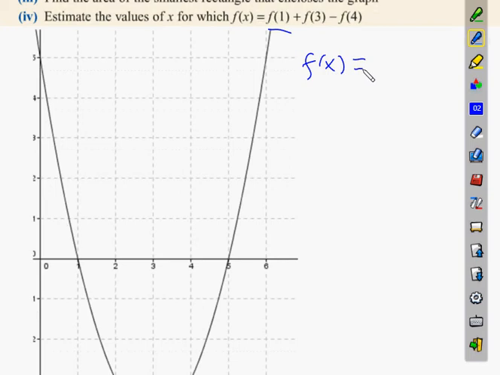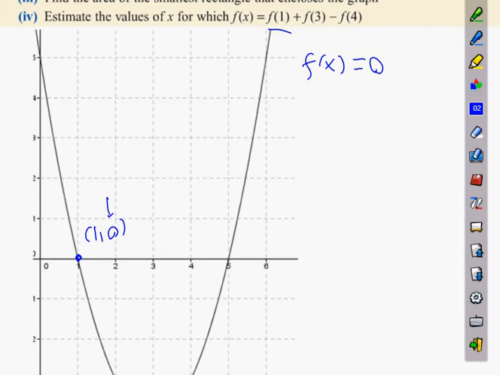Barry, what does f of 1 mean? The input is 1. And what's the value when your input is 1? 0. See the point 1, 0, guys? When your input is 1, your output is 0. What about 3, Charlie?